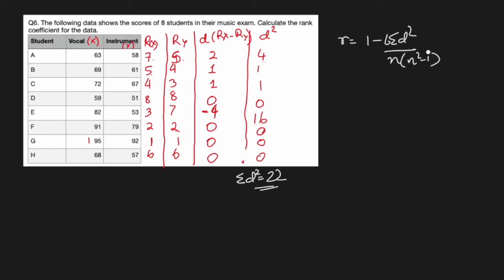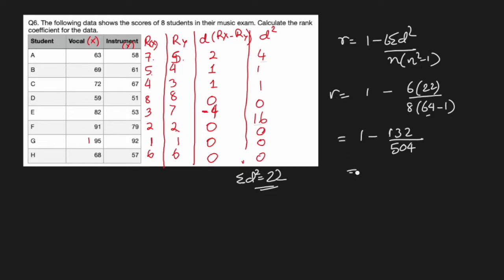Now Pearson's coefficient of rank will be R equals 1 minus 6 sigma d squared over n squared minus 1. So we know everything now. 1 minus 6 times sigma d squared, which is 22, over the number of data, which is 8, times 64 minus 1. 8 squared is 64 minus 1. 1 minus 132 over 8 times 63, 504.